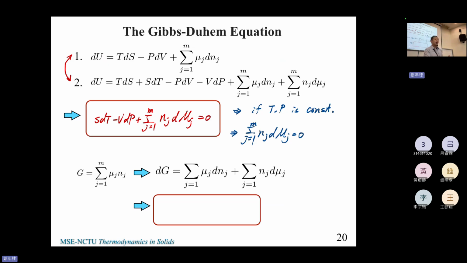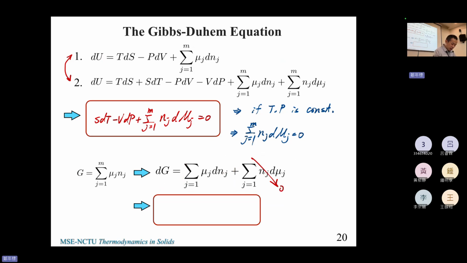Which means that if the temperature and pressure are constant, no matter how you add in, this one is always equal to 0. Interesting. So this G we obtained in the previous page, right? And we write down the change of G. Change of G equals this one and that one, and this one equals 0.